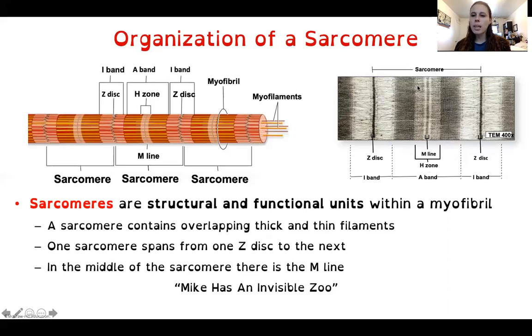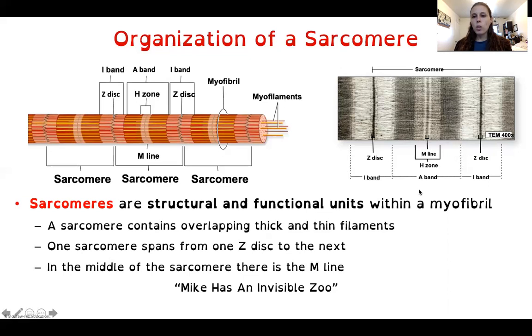Okay, so Mike has an, so A band. And then you go with invisible, so I band. And then in the middle of the I band, you put a Z disc for zoo or zebra. Okay, but remember that mnemonic, you kind of remember the organization of the sarcomere, and it will help you figure out all these bands that you see here.